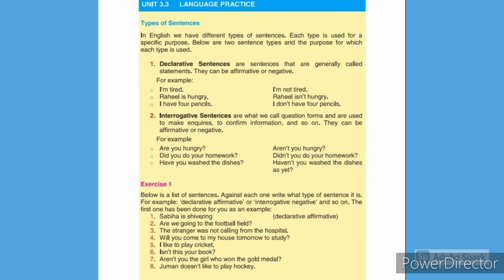In English, there are 5 major types of sentences: declarative, interrogative, imperative, exclamatory, and optative sentences. But in this unit, we are going to learn about 2 major types of sentences, which are declarative sentences and interrogative sentences.